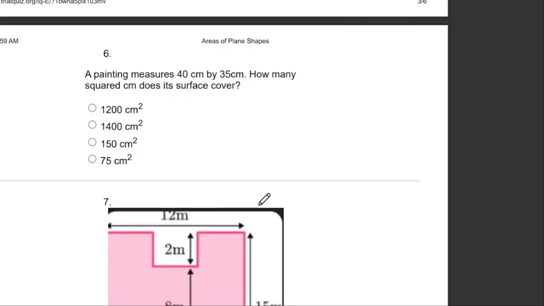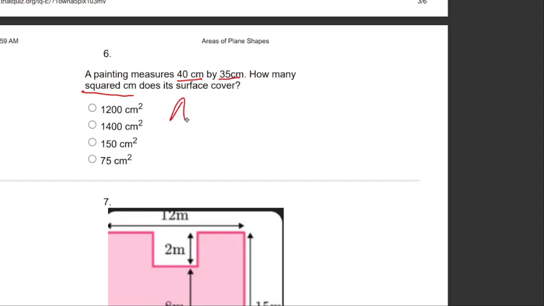Question 6. A painting measures 40 centimeters by 35 centimeters. So how many squared centimeters does its surface cover? So you can see they ask you squared centimeter, that is area. They ask me for the area. So in that case, since it's measured 40 by 35, that is a rectangle.